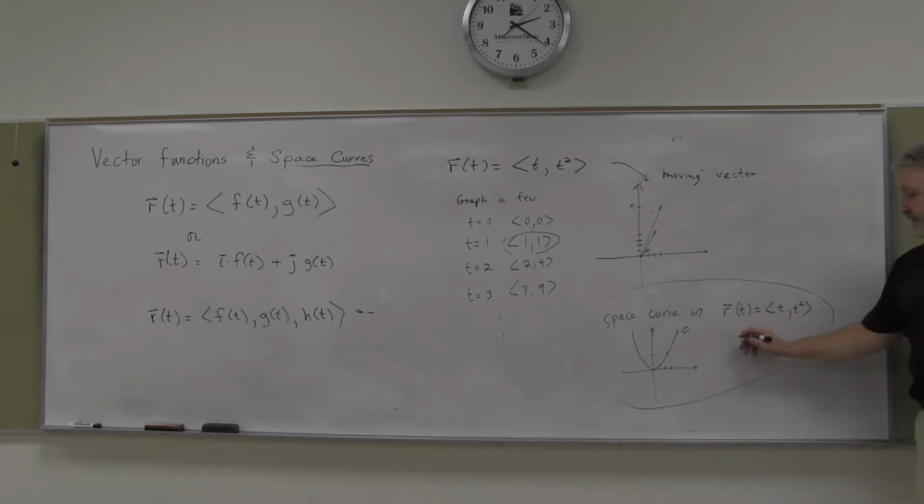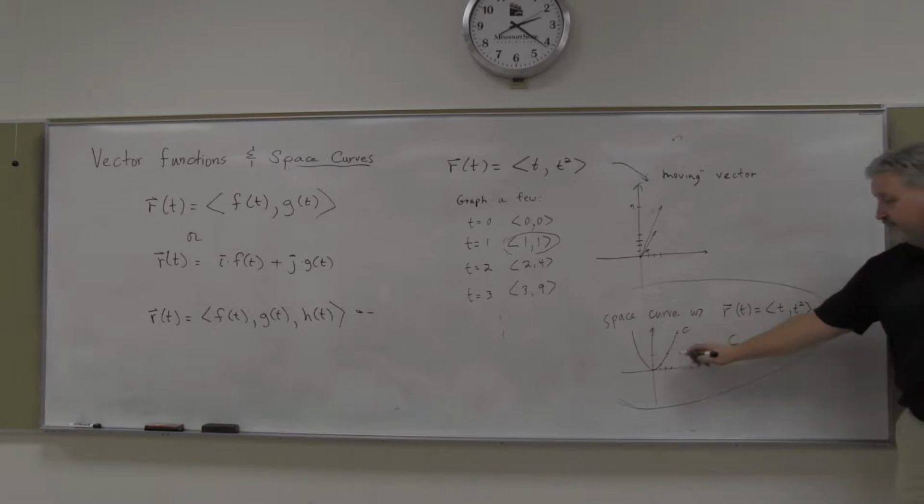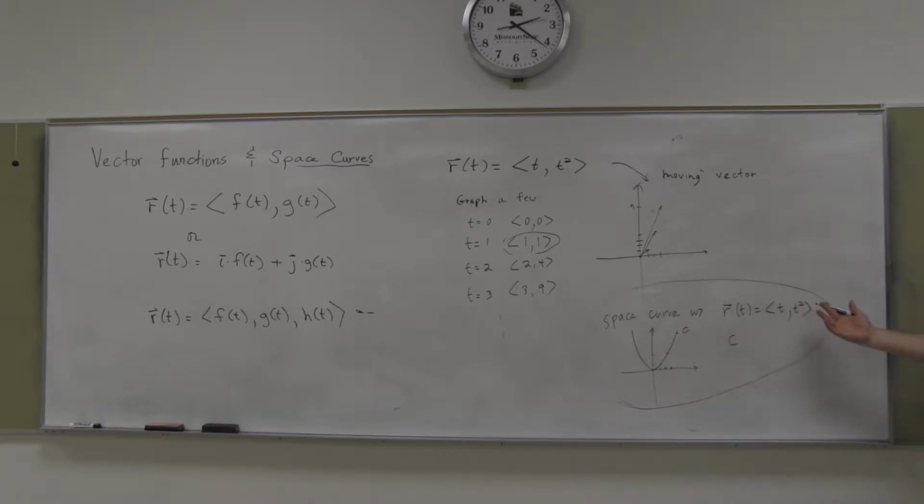If we go back to how we did this, C is just the curve from the parametric equations, where the x value is t and the y value is t squared. So C is that curve with those parametric equations. That's what that space curve is. And so that's the connection between vector function and space curve.